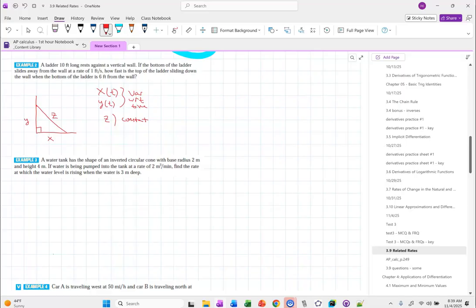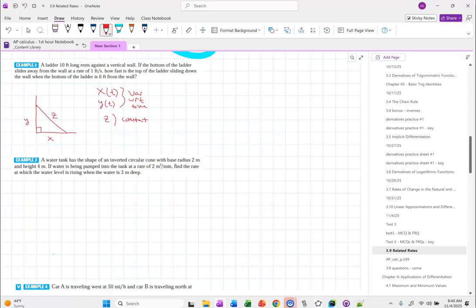And now let's start introducing some variables for the quantities that are given, right? It says if the bottom of the ladder slides away from the wall at a rate of 1 foot per second. Okay, what kind of quantity is that? It is a rate. So as a rate, what kind of variable are we going to give it?